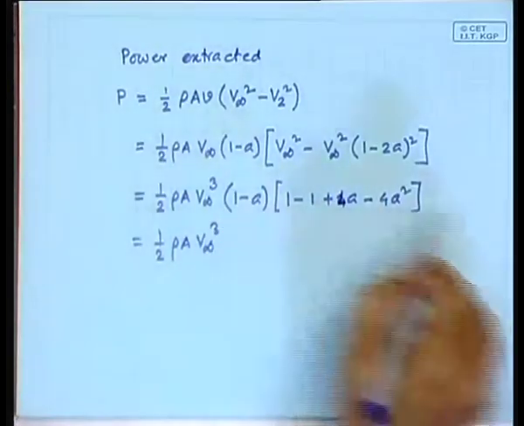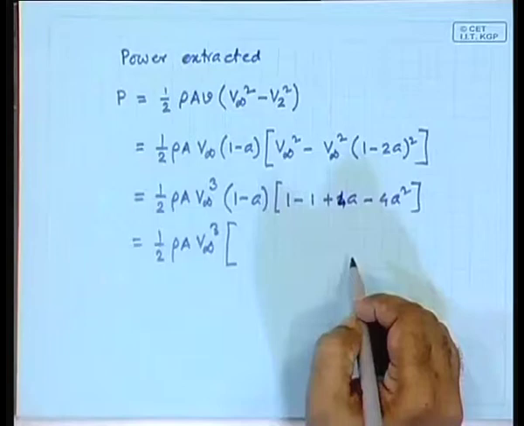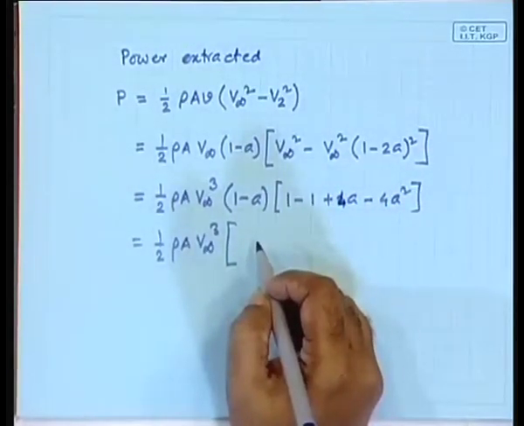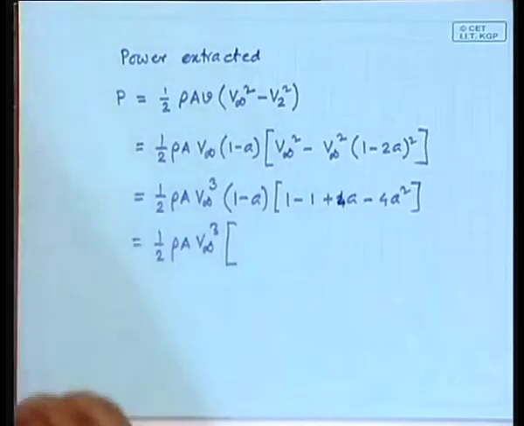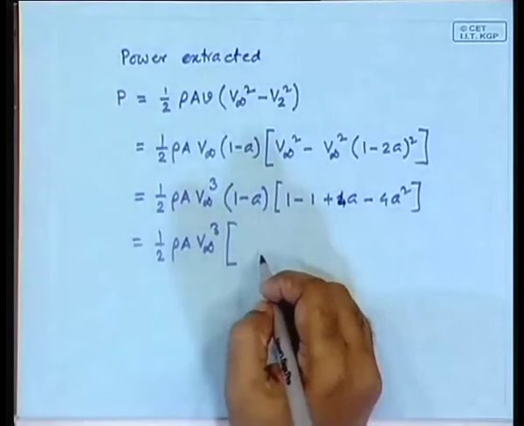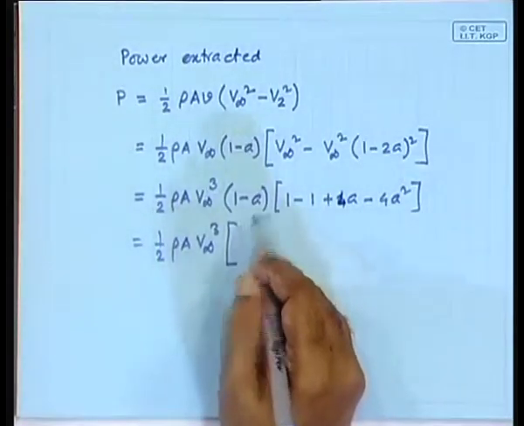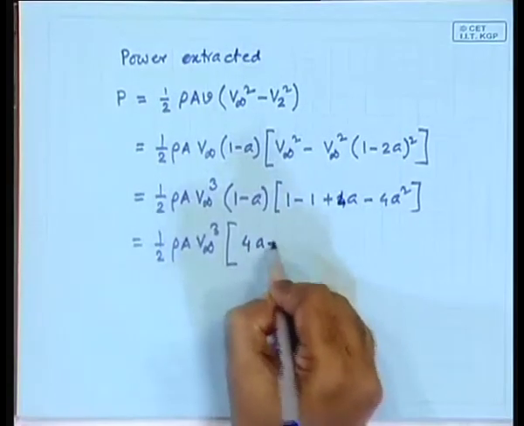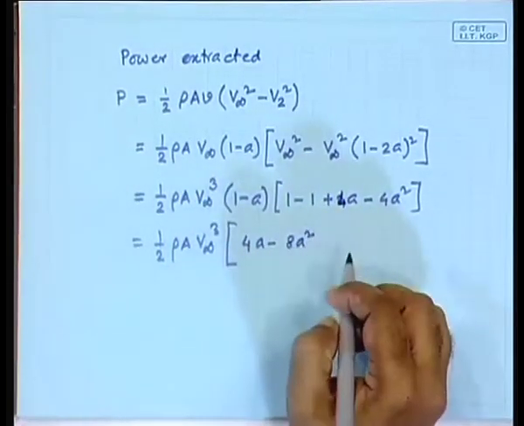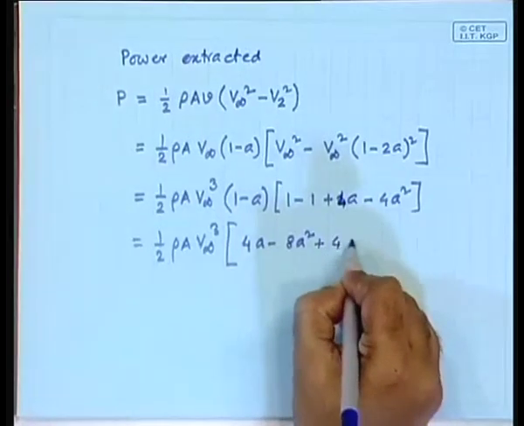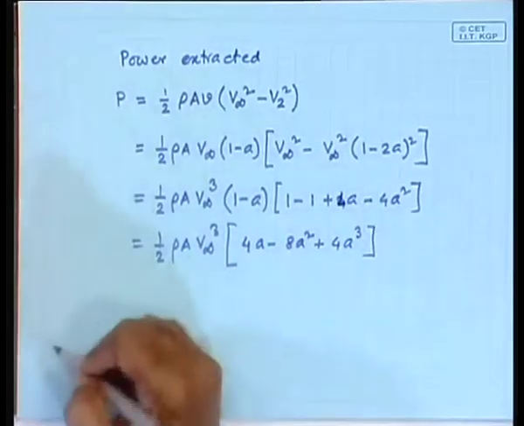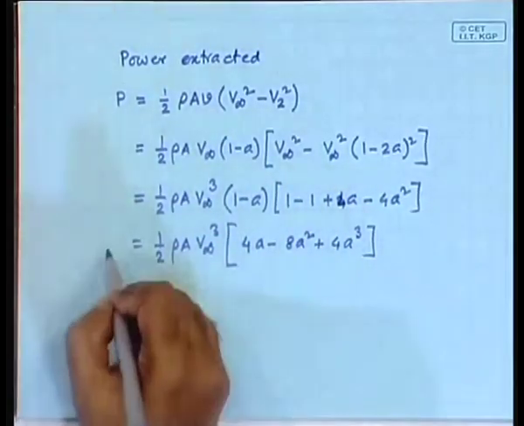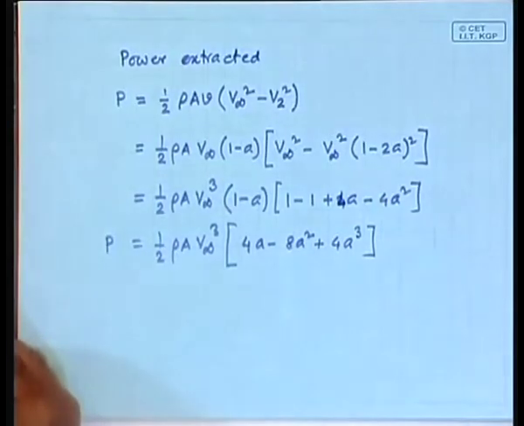I do not want to take common, I want to just express it as a polynomial, so that differentiation is easy. So, what is the polynomial like? Four A minus... can we just check it is all right? Good.